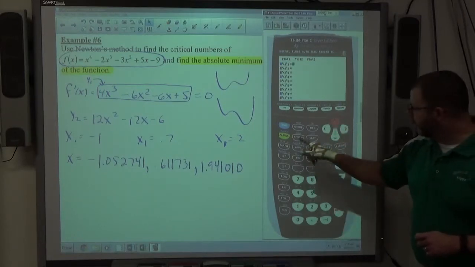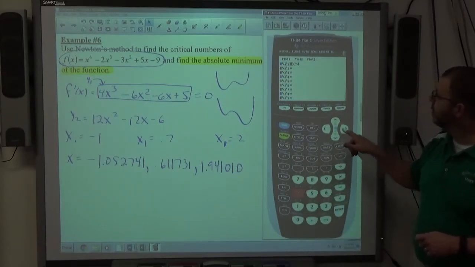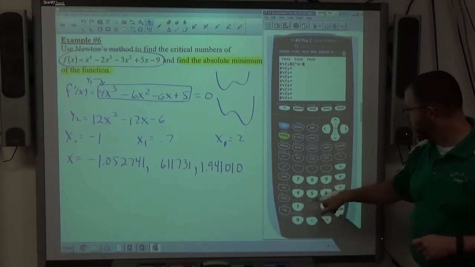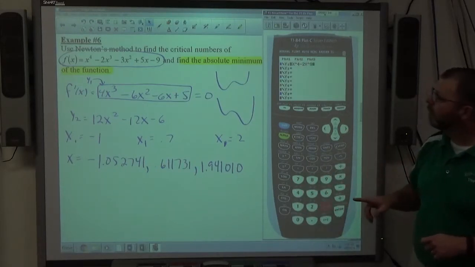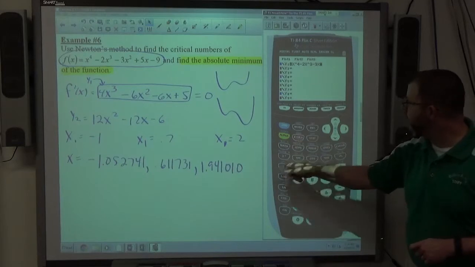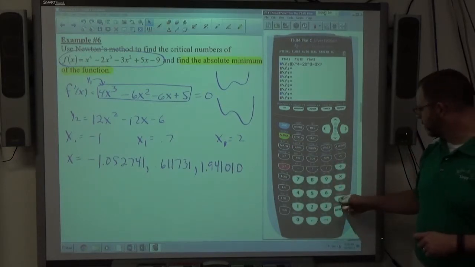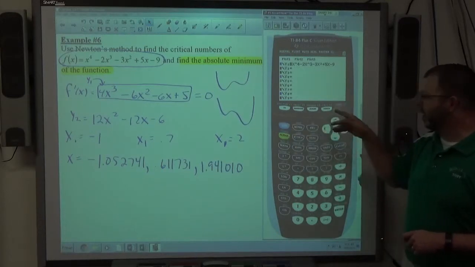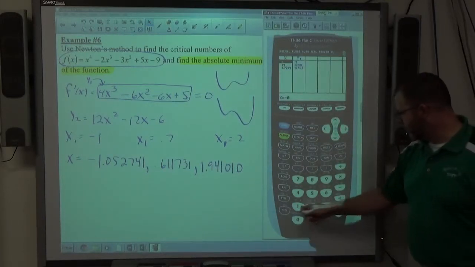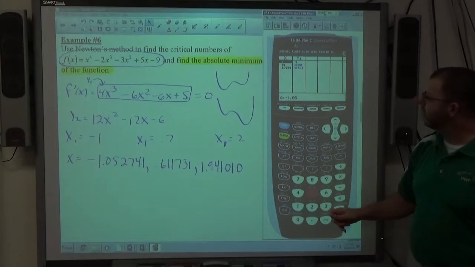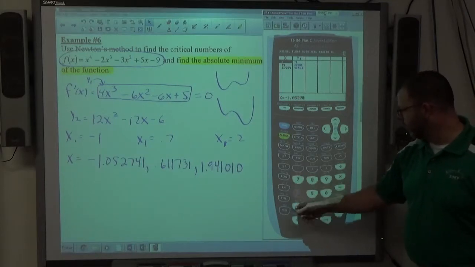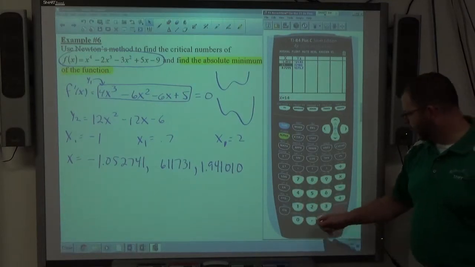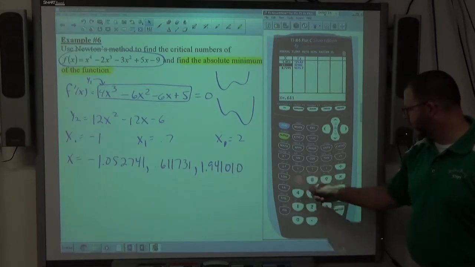All right, so x to the fourth minus 2x cubed minus 3x squared plus 5x minus 9. And I'm just going to go to my table and enter these three numbers. Negative 1.052741, 0.611731.